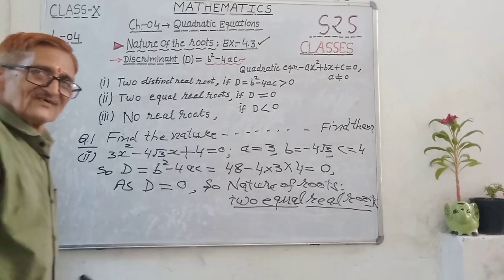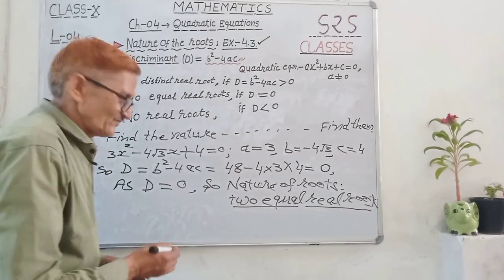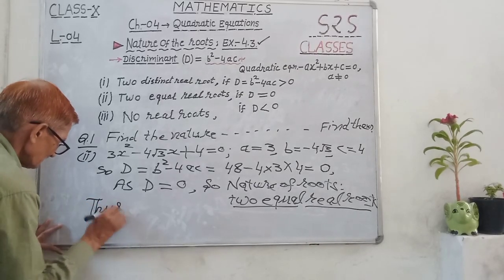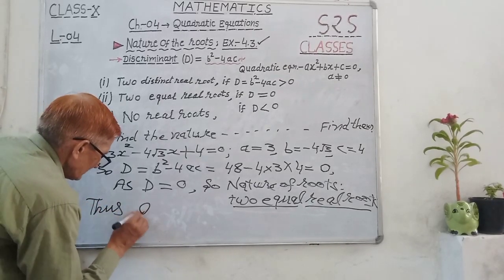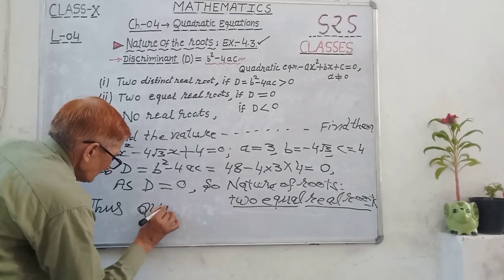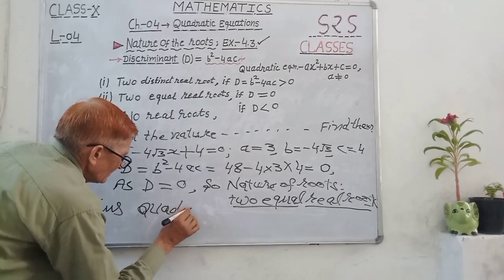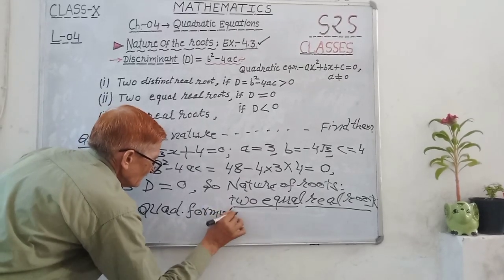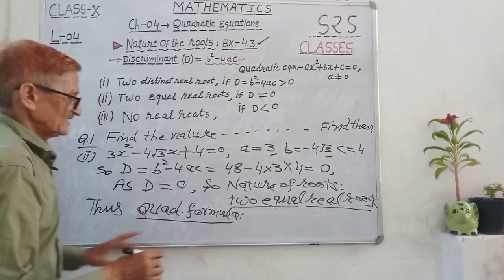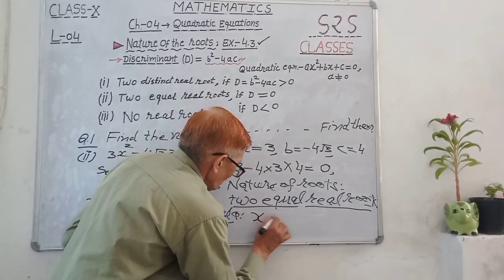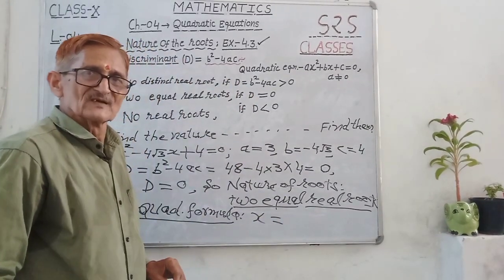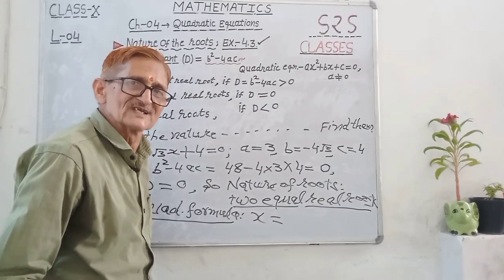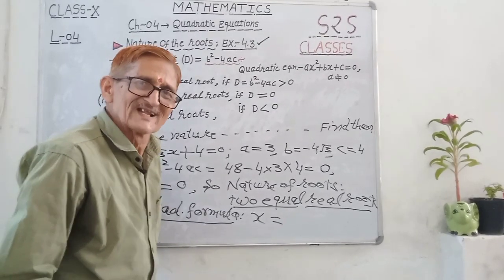Okay, now write one formula, the quadratic formula to find the roots. What is that? x is equal to, roots means the value of x, the value of the variable in which the quadratic equation is there. The value of that is called the roots.